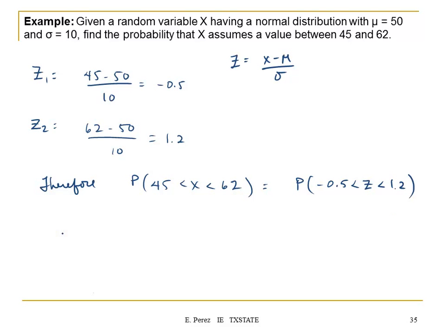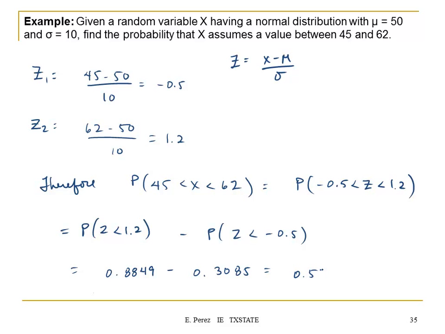So if you use the table now, the probability of z be less than 1.2 minus the probability of z be less than negative 0.5. This is going to be equal to 0.8849 minus 0.3085, and this is equal to 0.5764.